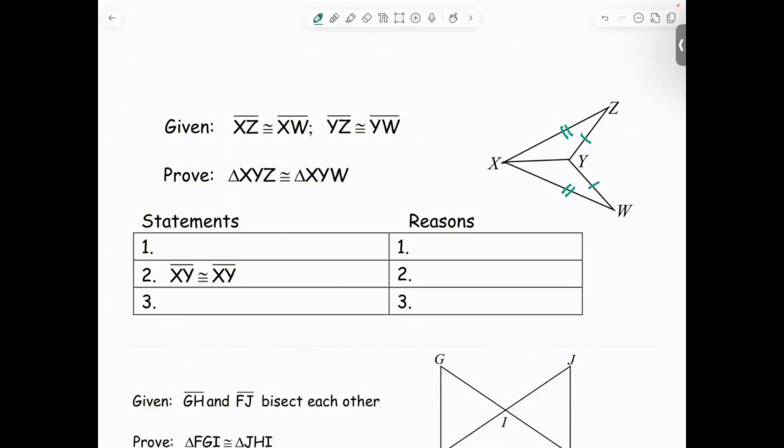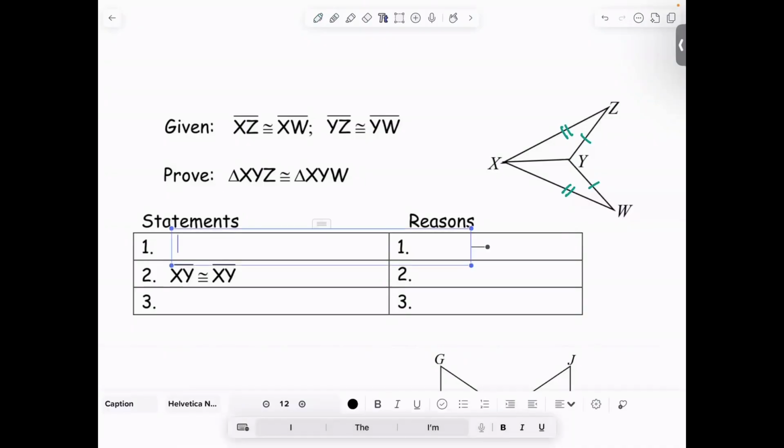And we already have a statement here. So let's go ahead and add our statements and reasons on the top.